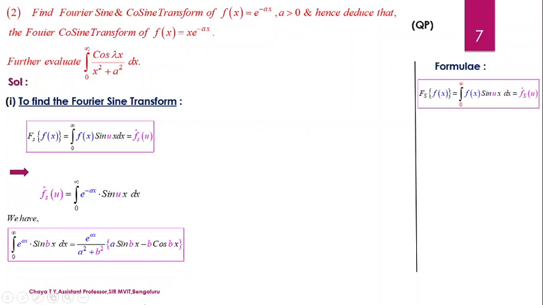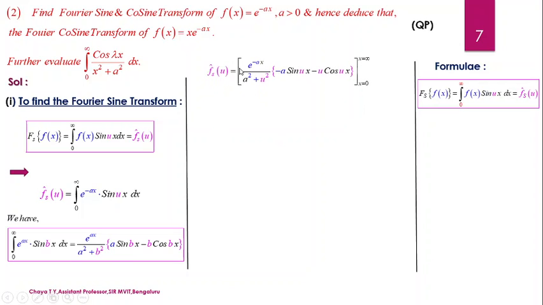Now to evaluate this integral, we have a standard formula which is given as integral 0 to infinity e power ax sine bx dx is e power of ax by a square plus b square times of a sine bx minus b cos bx. So when I compare the LHS of the formula with the RHS of the previous step, I have to substitute a as minus a, b as u and write down the RHS.